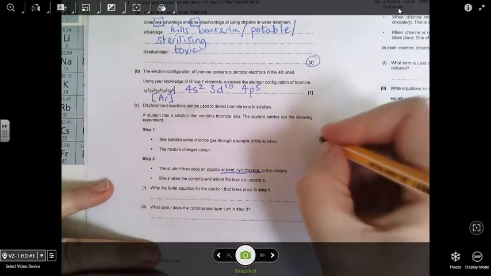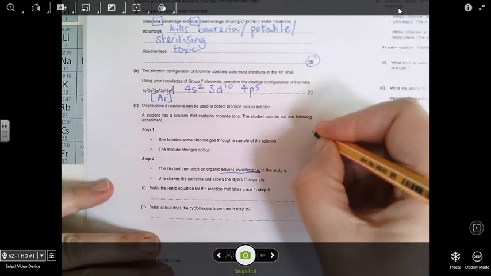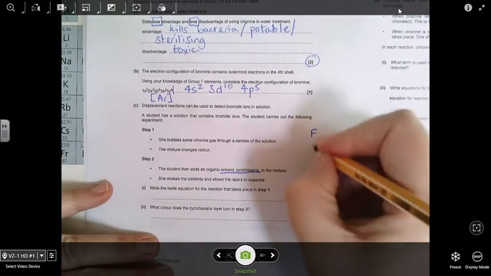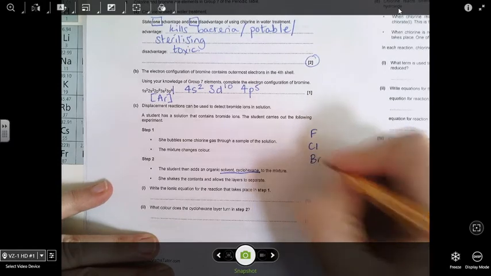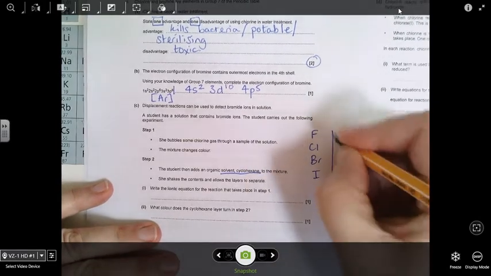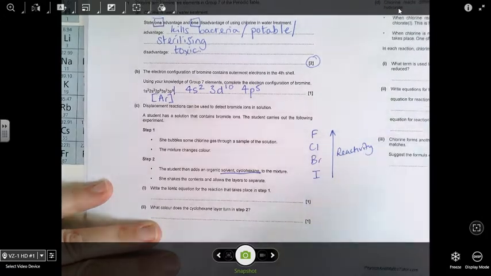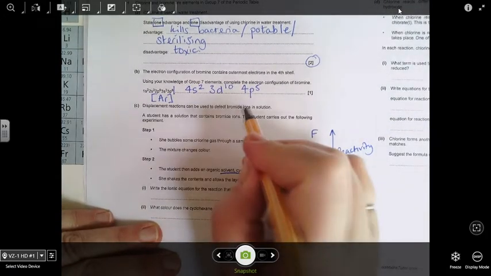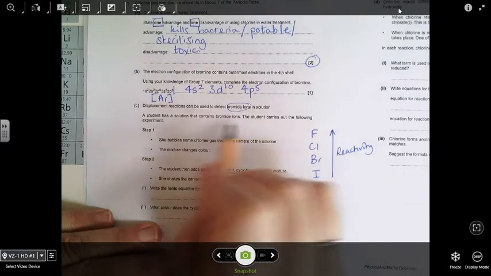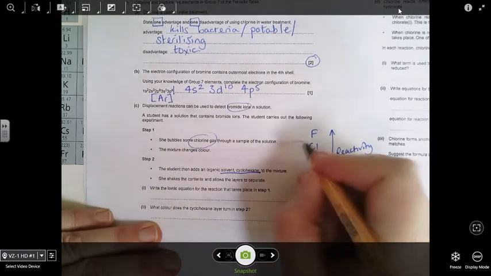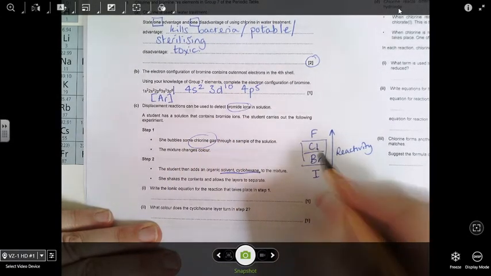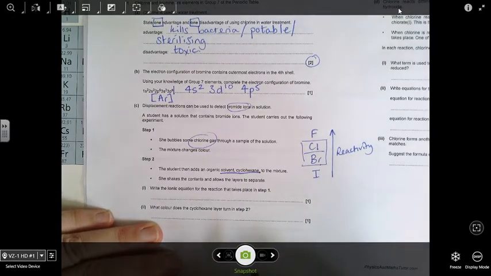So again, going from the halogens, at the top of the group we've got fluorine, chlorine, bromine, then iodine. We know that the reactivity increases as we move up the group, which means that in this reaction we're looking at bromine and chlorine. Obviously the chlorine can displace bromide ions from solution.